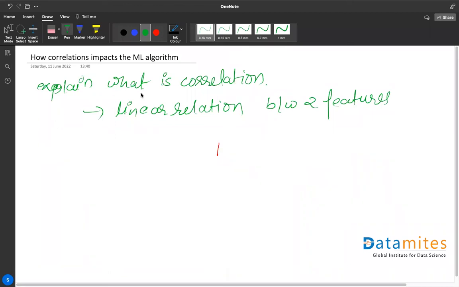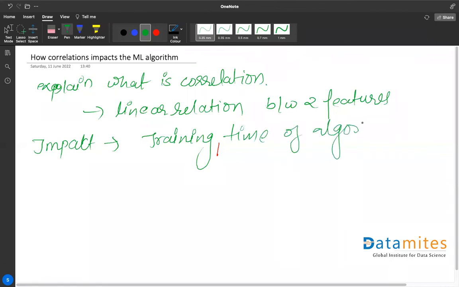Now you need to tell how it impacts the machine learning algorithm. The impact is that the training time of the algorithm increases. That's all you have to tell.